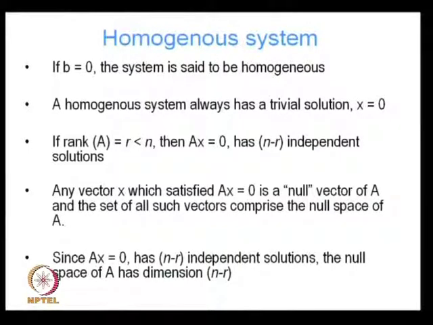Any vector x which satisfies Ax is equal to 0 is a null vector of A, and the set of all such vectors comprise the null space of A. The null space of A has dimension n minus r, because as we recall, we said that if rank of A is equal to r less than n, then Ax is equal to 0 has n minus r independent solutions. So, the null space of A has dimension n minus r.